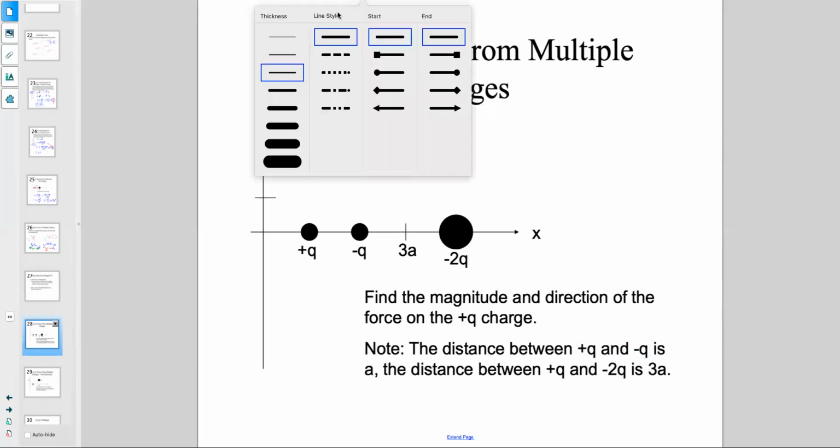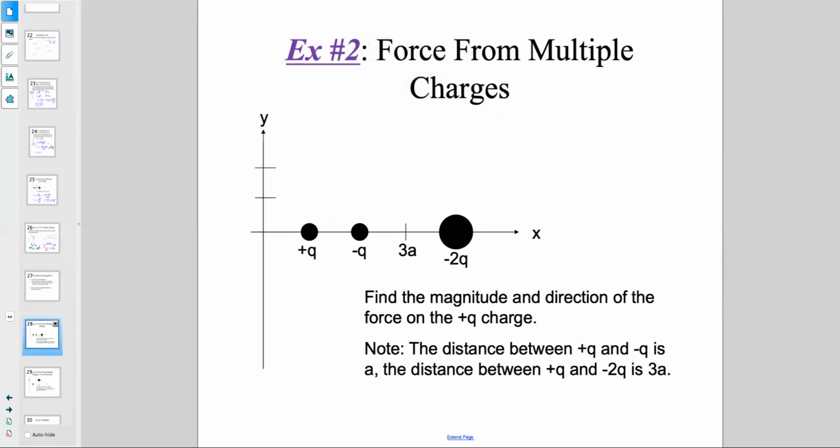So this distance is A. And the distance between positive Q and negative 2Q is 3A. So this distance is 3A. We're looking to find the net force acting on this. We know that negative and negative will repel, but we want to talk about this one.